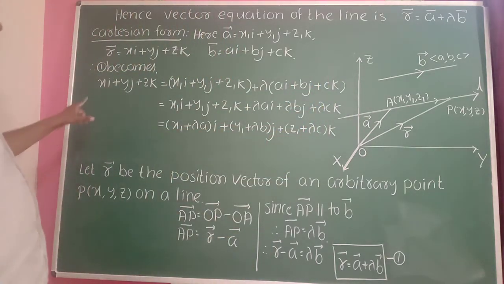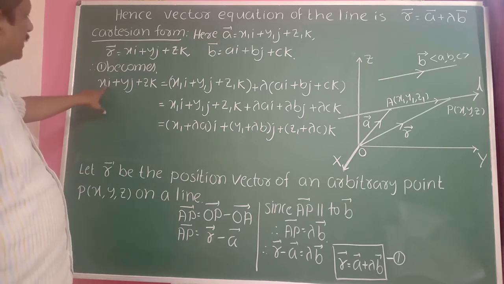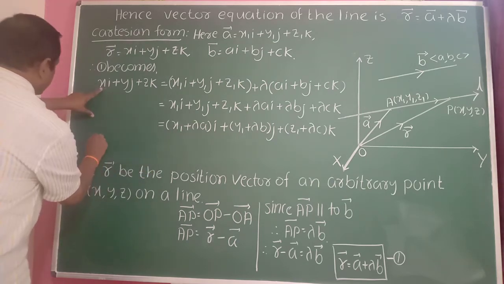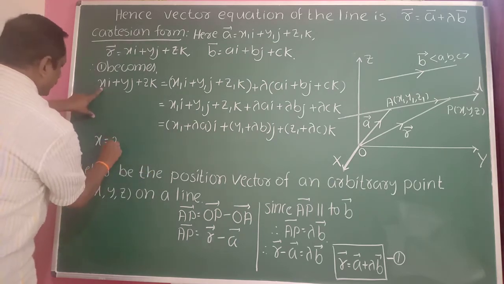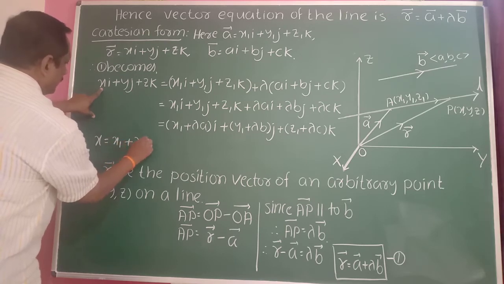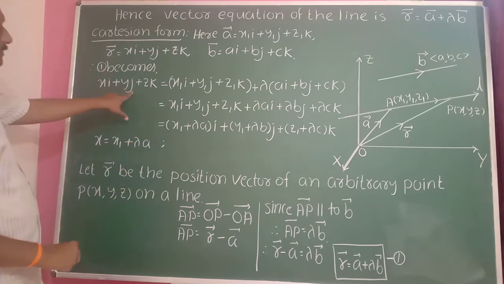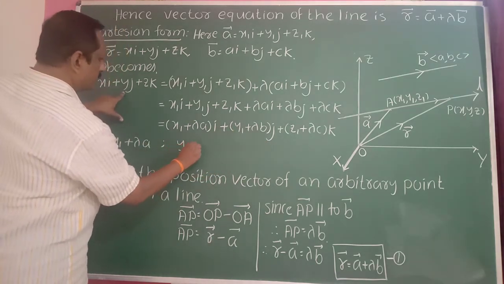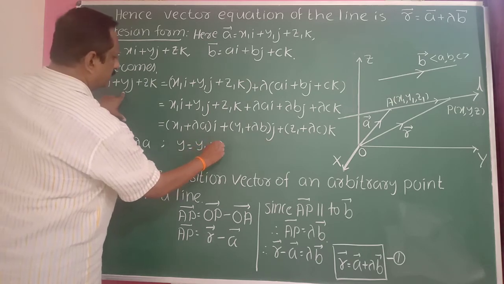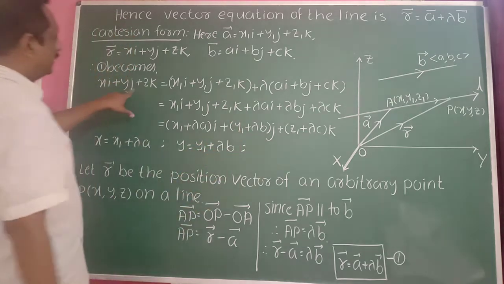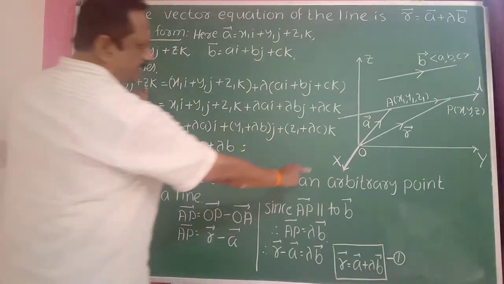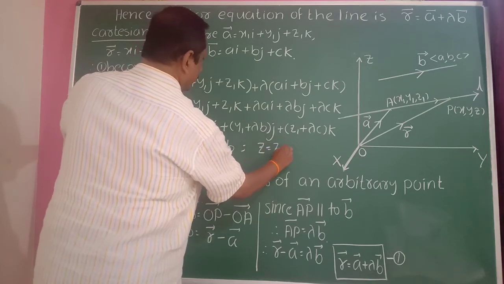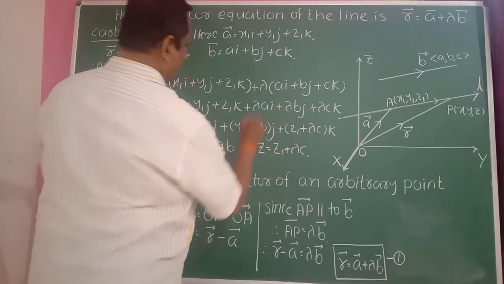Then equating the i, j, k coefficients: the i coefficient is x, so x is equal to x1 plus lambda into a. The j coefficient is y, so y is equal to y1 plus lambda into b. And the k coefficient is z, so z is equal to z1 plus lambda into c.